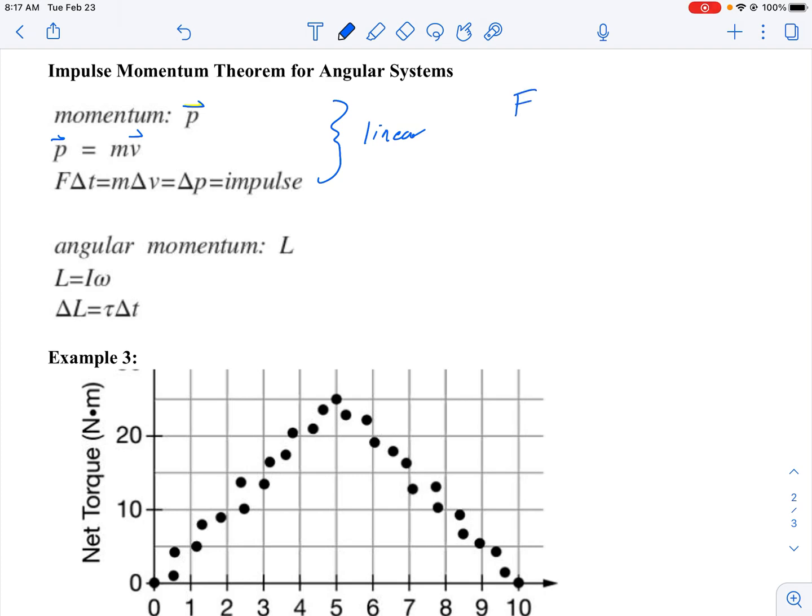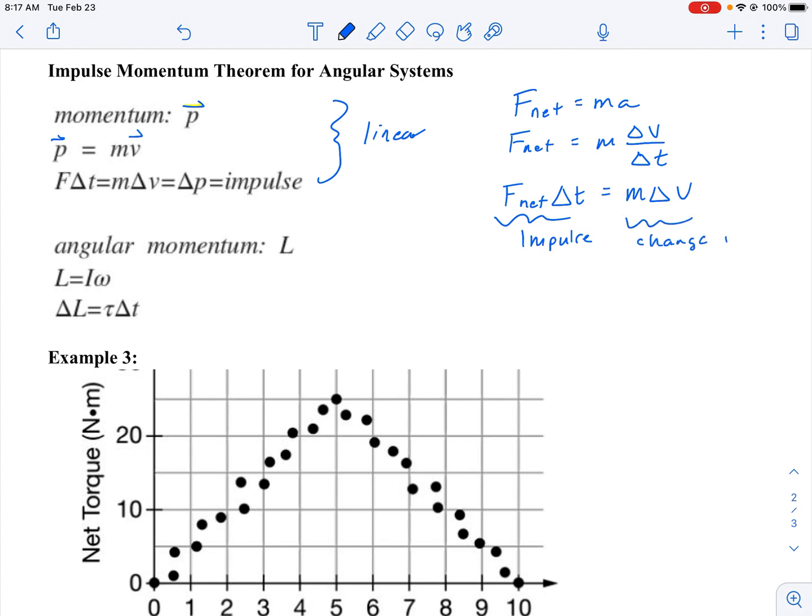Last time we learned that if you take Newton's second law and write it in terms of the definition of acceleration, and multiply both sides by t, we get the impulse momentum theorem. The left side is called impulse, and the right side is change in momentum.